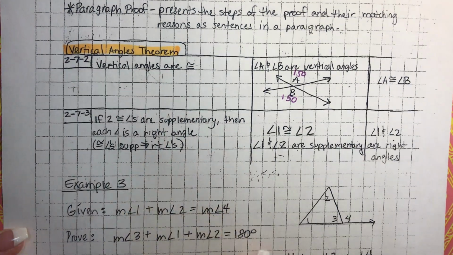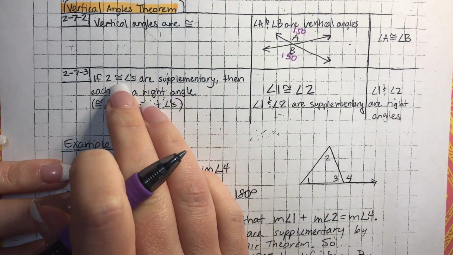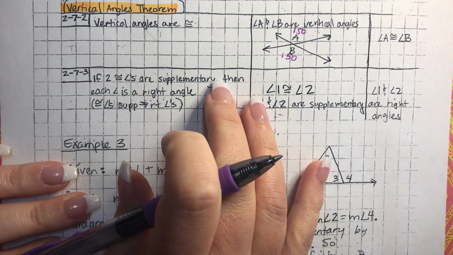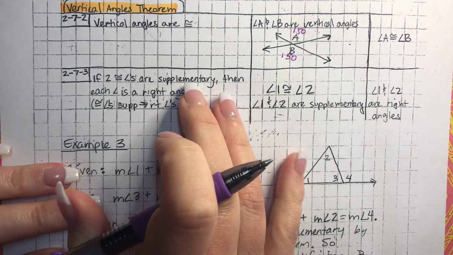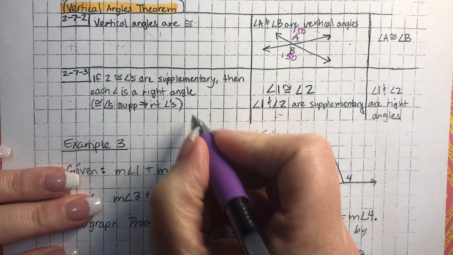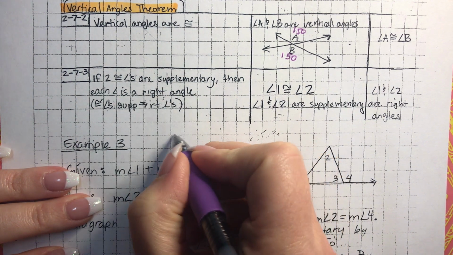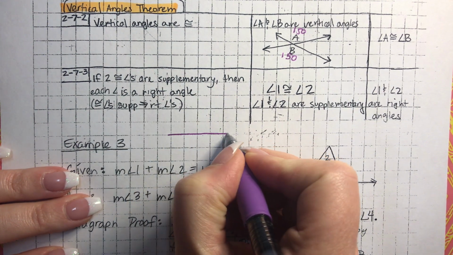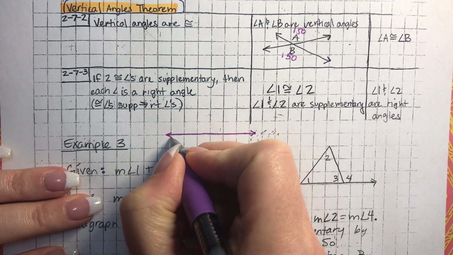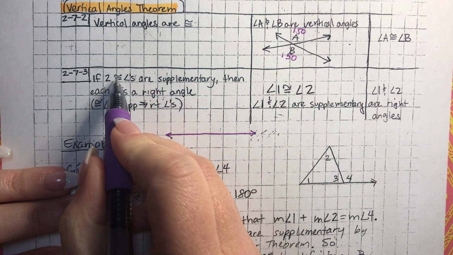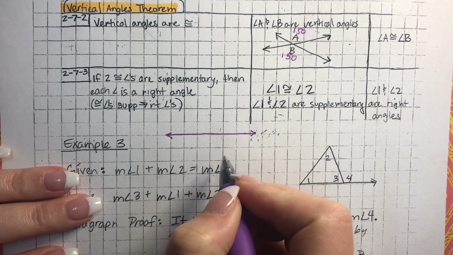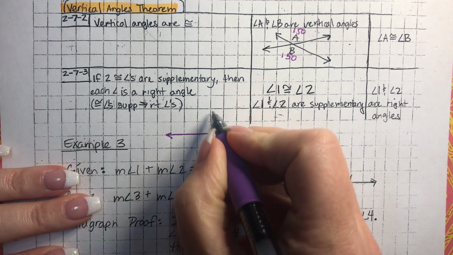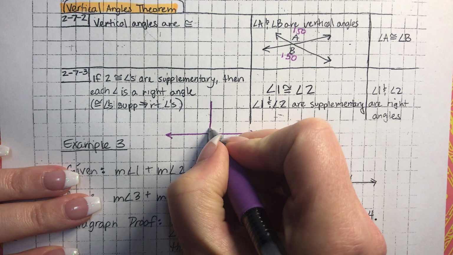Okay, the next one states if 2 angles are congruent and supplementary. Supplementary angles are 2 angles that add up to 180 degrees, which means they form a straight line. So if we have a straight line and we need 2 angles which are congruent to each other, there's really only one option.